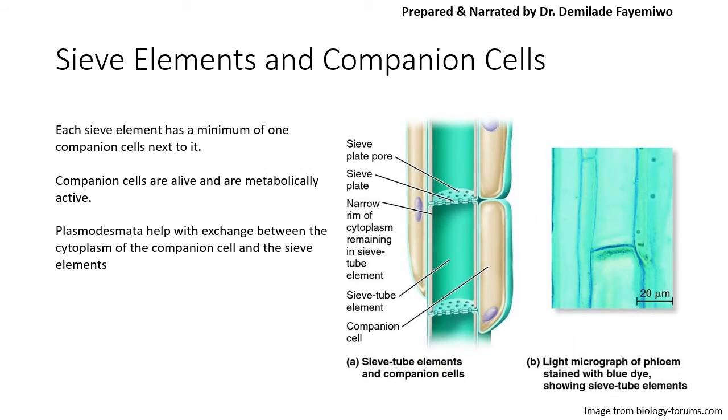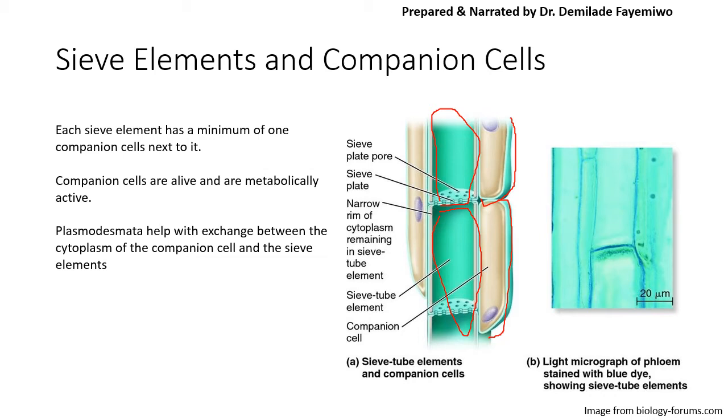The sieve elements are the components that make up the phloem. In this image, this section can be a sieve element, and that is another sieve element. Altogether they make up the phloem, and each one has at least one companion cell attached to it.